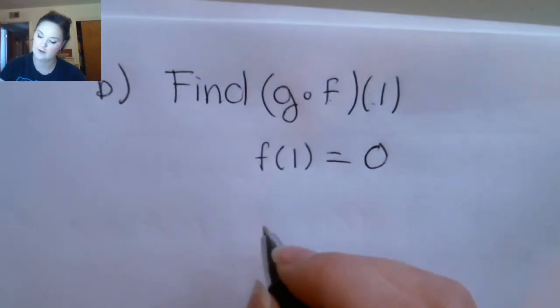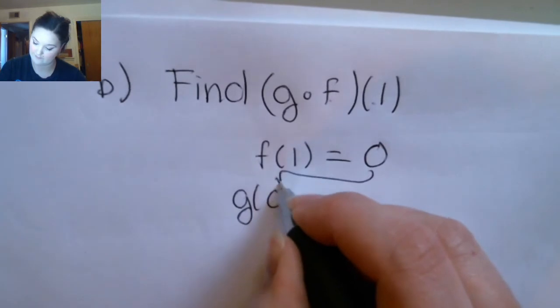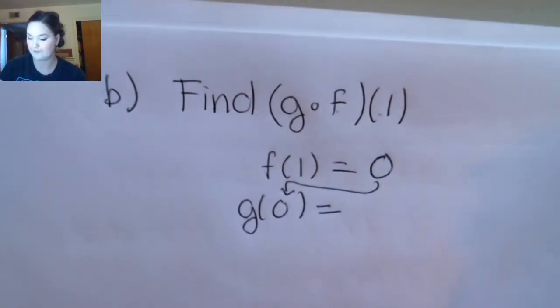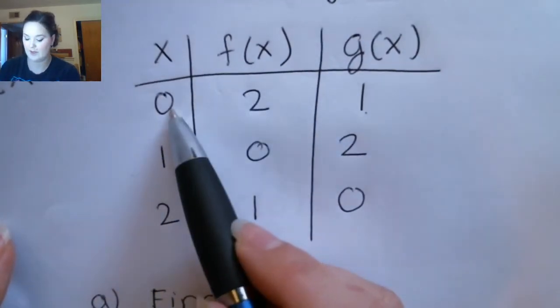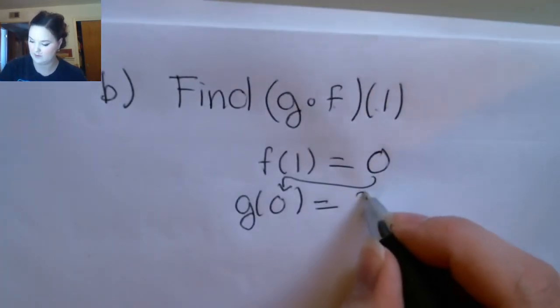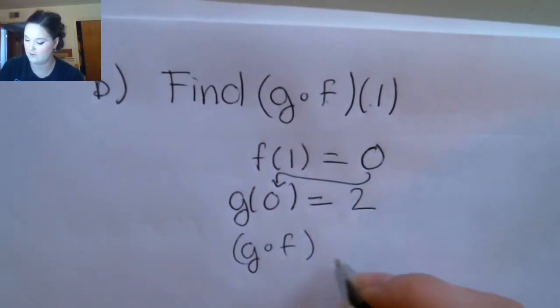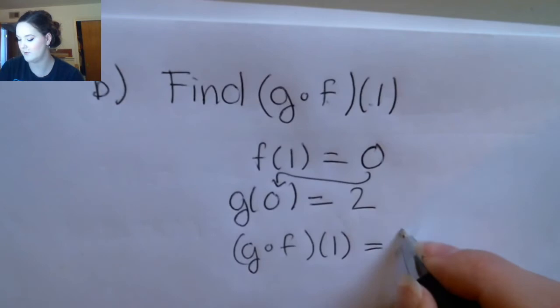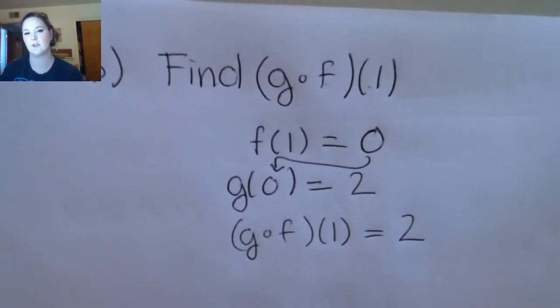Then we're going to take our solution and plug it in. If x is 0, g of x is 2. So we would have g composed with f of 1 equals 2, and that's how you should format your final answer.